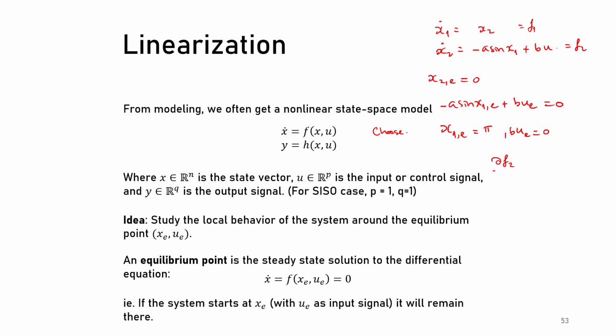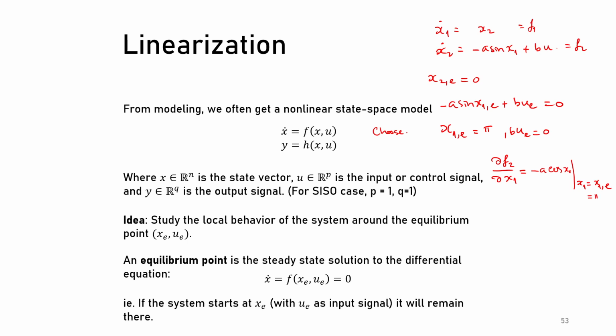The partial derivative of f2 with respect to h1 equals, with the derivative of sine, cosine h1, and then we substitute h1 equal to h1 equilibrium, which is pi.